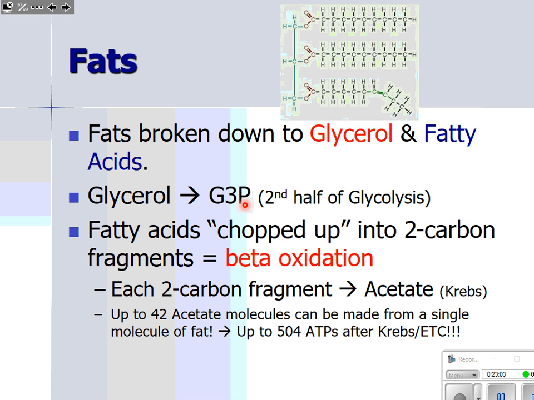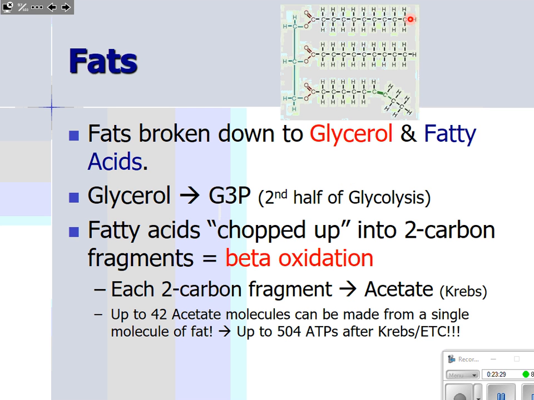The very same kind of G3P that normally is made when I split glucose in half. This is just another way to make it. I could take these 3 carbons right here and convert them into a molecule of G3P. And then I could run that through the second half of glycolysis and then run it through the rest of formation of acetyl-CoA, Krebs cycle, electron transport chain.